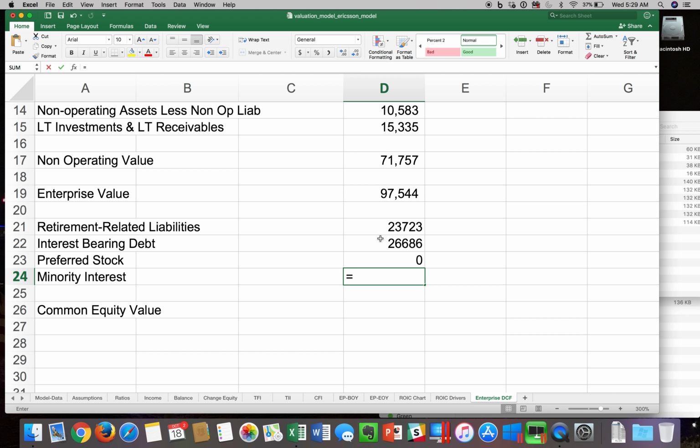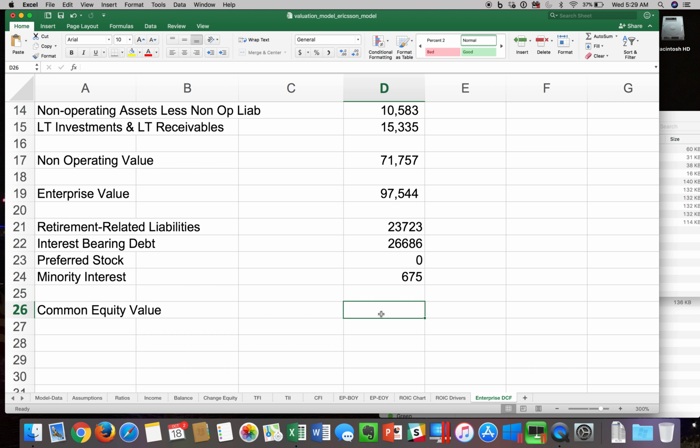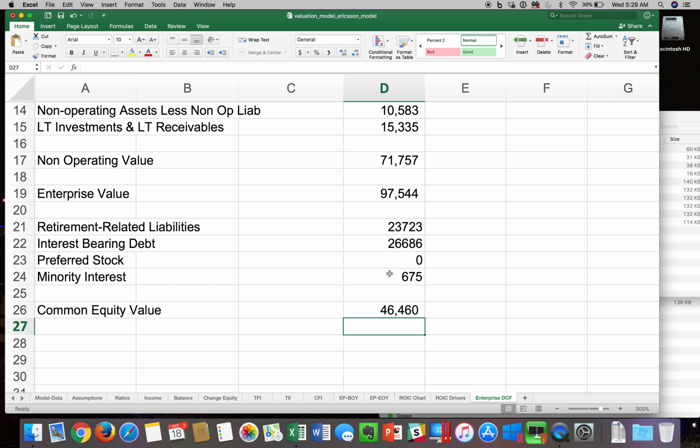And minority interest shareholders are owed off of TFI 2016 as G18. So if we take our enterprise value and we subtract the sum of these 4 items, what we're left with is a forecasted common equity value.